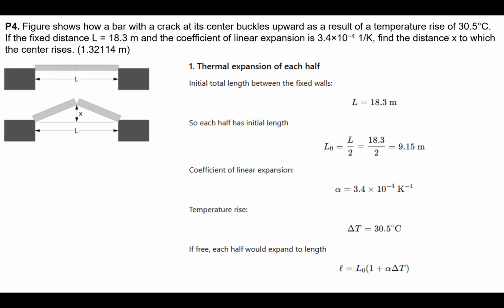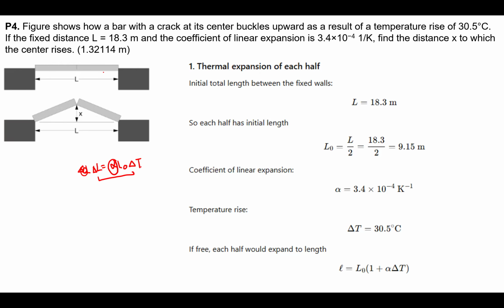Now this is the result of a thermal expansion. So delta L is actually alpha L0 delta T. Okay, so that was the thing we need to consider. And then this is the thermal expansion coefficient.